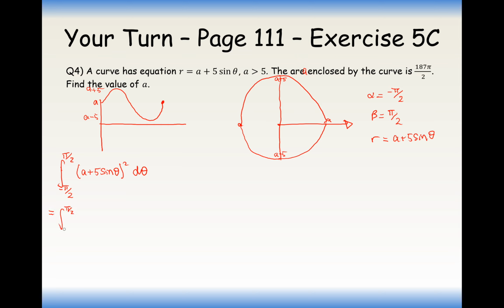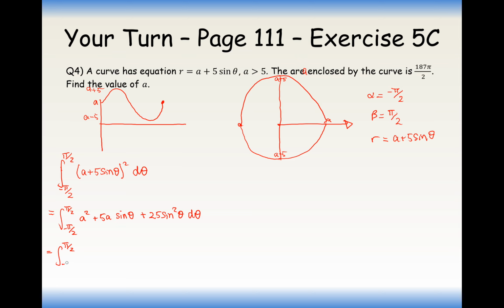So the next thing to do will be to expand the bracket. So it would be a squared plus 5a sine theta, and then it's going to be 25 sine squared theta, d theta. Now remember that the easiest way of integrating sine squared is to use the cos double angle formula.